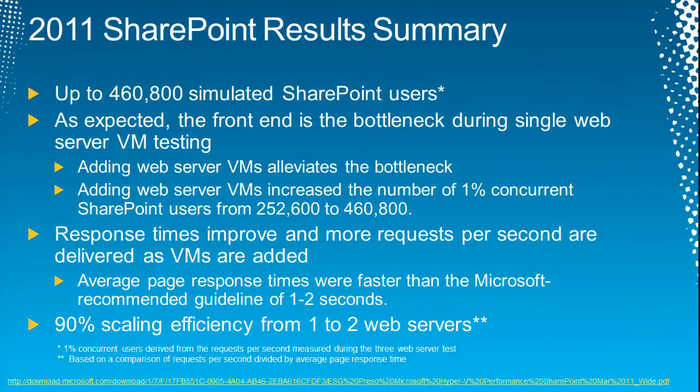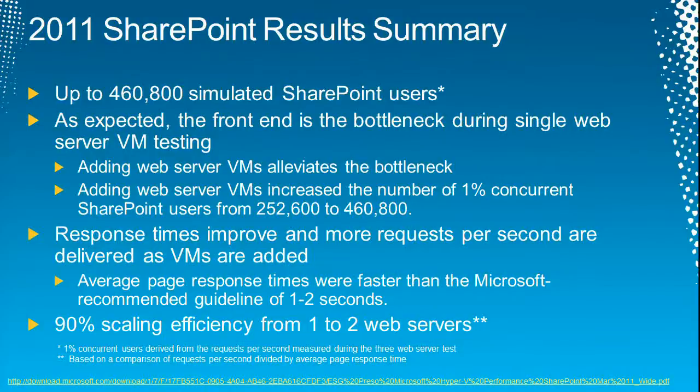But you can tailor that how you see fit. You think, well, we're only 2,000 users in our environment. Brilliant. You're going to be able to scale and change that load generation tool to really map to your environment, and you'll still see great scalability. But the front end is the bottleneck, but adding those extra web servers alleviated that.